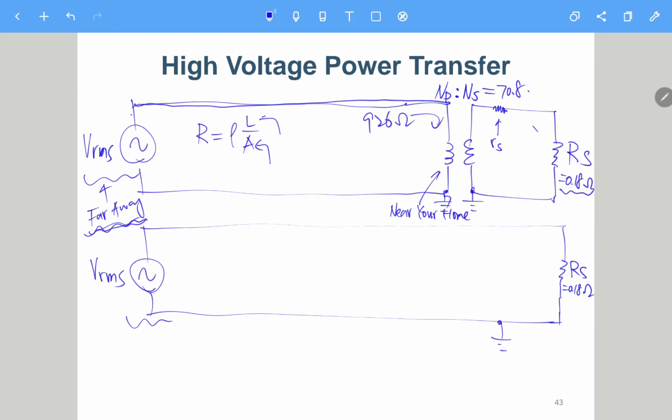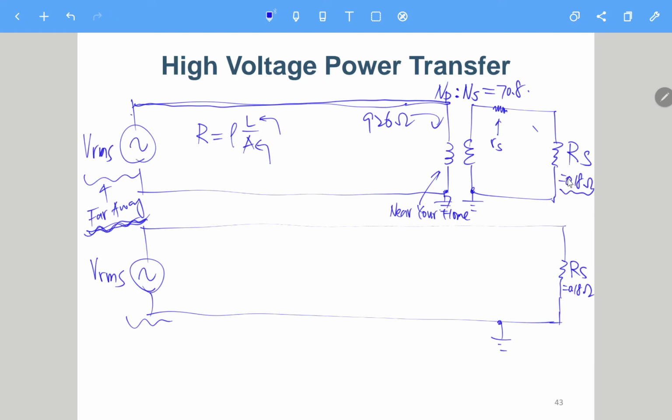And L is the distance between the generator and the place near your home. So it might be large. Maybe a few kilometers or even longer, or for a larger country, tens of kilometers or even longer. So this L can be large. But if we have this power down conversion near your home, the impedance is small.